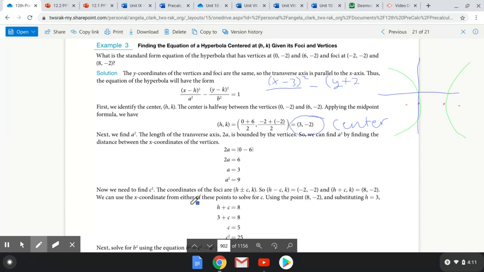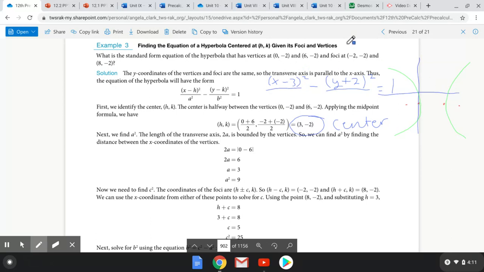Because the y coordinate is -2. So y plus 2 squared over something equals 1. And just like with ellipses, these are always going to equal 1. Okay? All right, so now I need to find a and b to figure out what my denominators are.